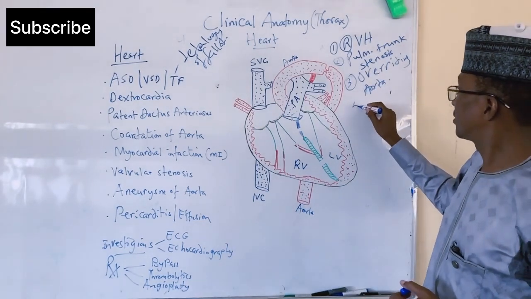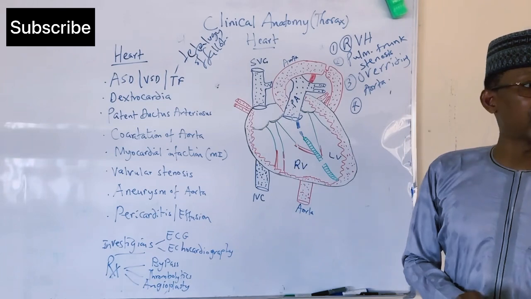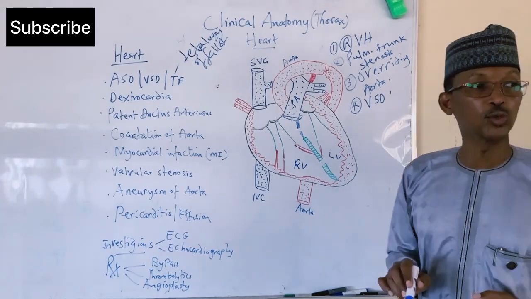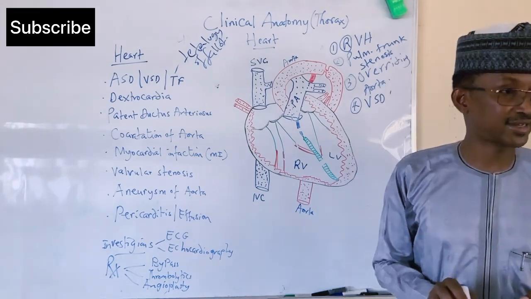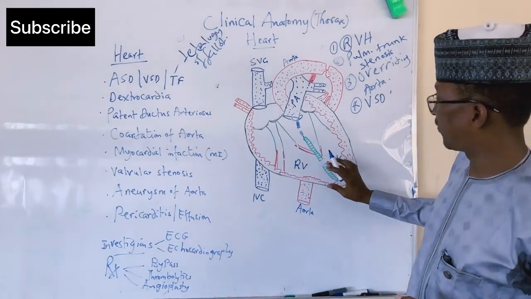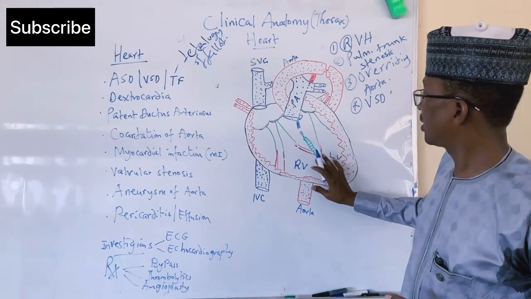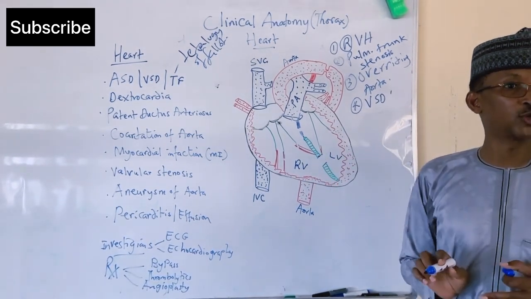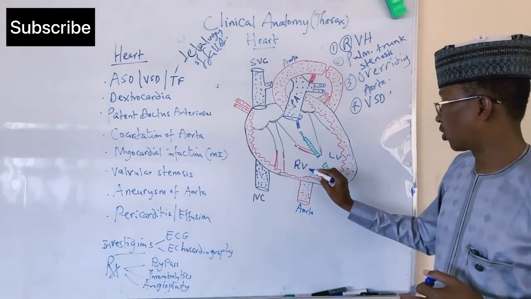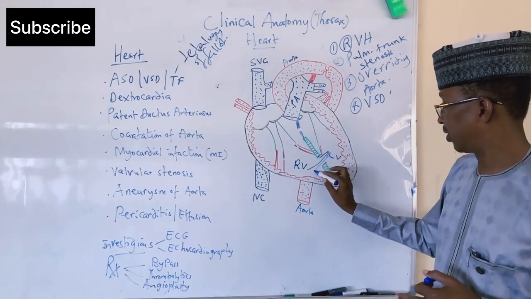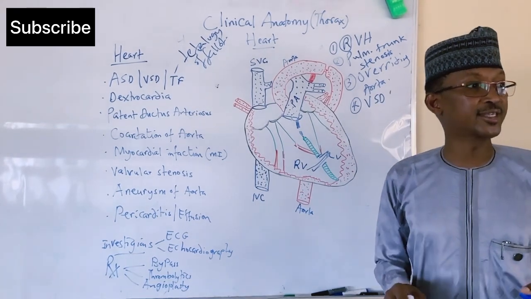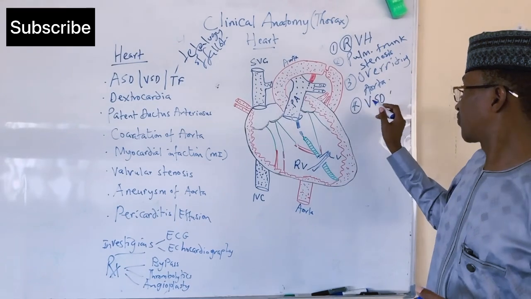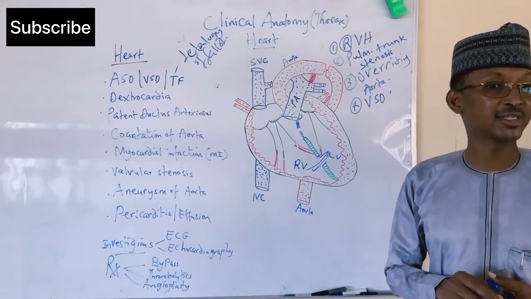The last part of the tetralogy is what we call VSD, the ventricular septal defect. This ventricular septal defect is mostly found along the muscular part of the interventricular septum. So there will be blood moving across, depending on the size of the VSD. So the fourth one is ventricular septal defect.